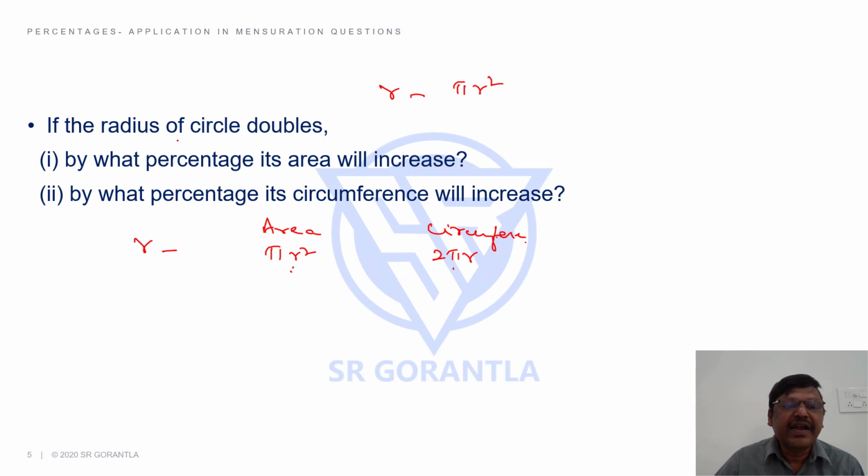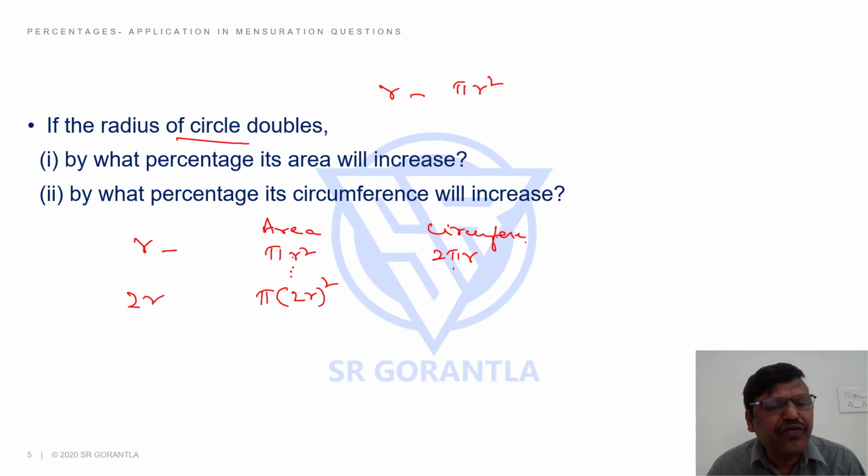Now the radius doubles, so it is 2r. So what is the area? Pi into 2r whole square. See, when it doubles, 2 square becomes 4 times. Is it not 4 pi r square? If you recall, in the earlier discussions on percentage growth, if a number is getting doubled, there is an increase of 100%. If a number is getting trebled, there is an increase of 200%.